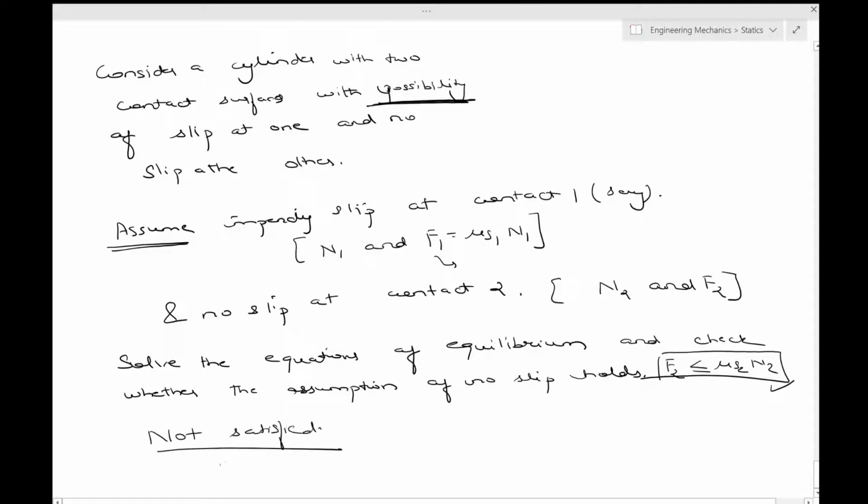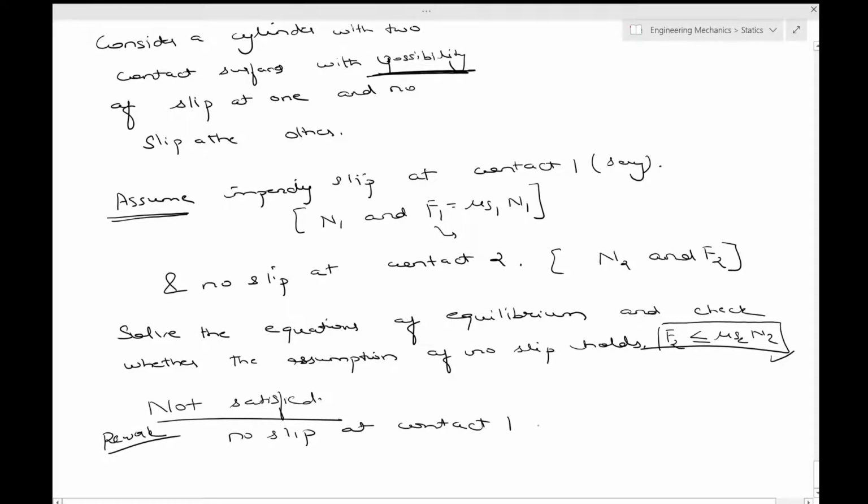You rework the problem again with no slip at contact 1 and impending slip at contact 2. And then do that check.